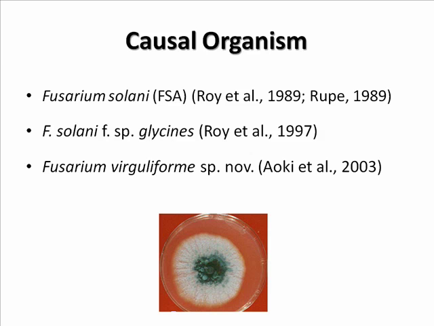Basically, what the specialis glycines means is that sudden death syndrome only affects soybeans, Glycine max, so it can only affect soybeans. Then in 2003, Aoki et al., through the use of quantitative PCR and DNA technology, determined that the final name was going to be Fusarium virguliforme, which is what it currently stands as now.